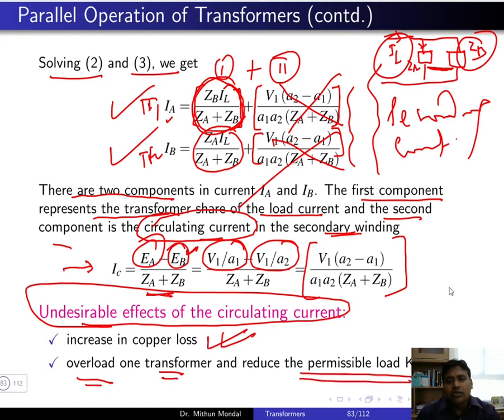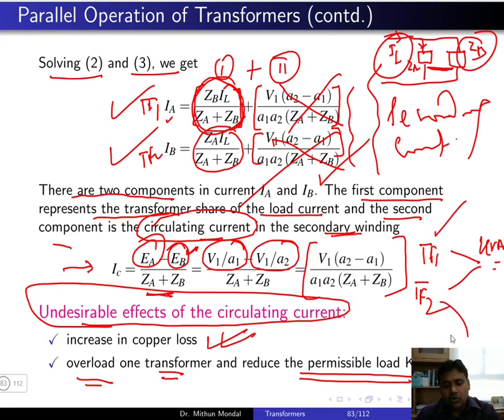Suppose two transformers are there, transformer 1 and transformer 2, and there is a circulating current. Both transformers together have to satisfy some kVA demand. However, if circulating current is there, one transformer will be loaded more compared to the other, which is not permissible. So you should avoid the circulating current, and this can be avoided by proper connection or polarity.